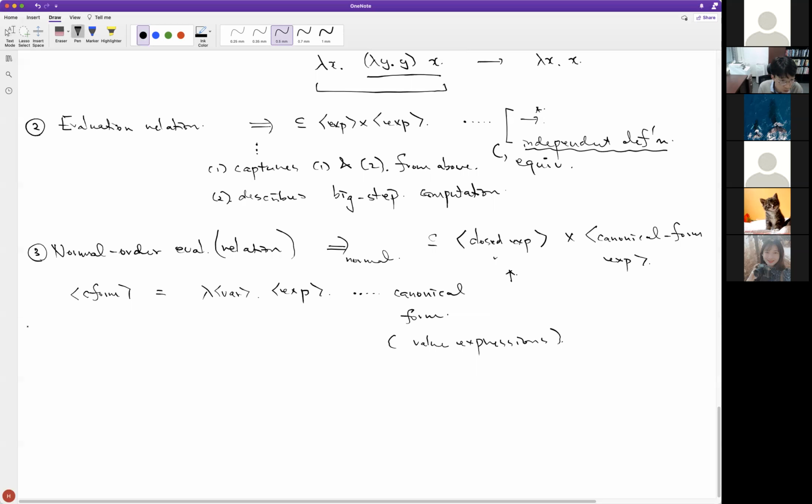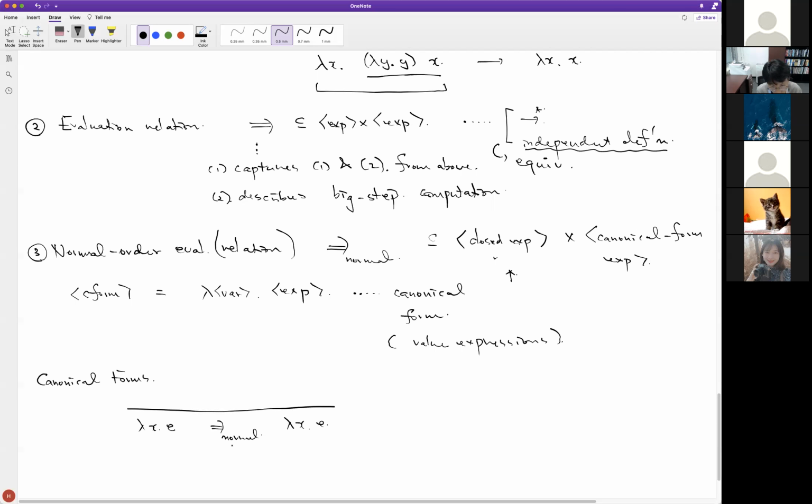So we have two rules. The first rule is called canonical form. It says if we have a lambda x lambda expression, that's going to be reduced to itself, and evaluated to itself.